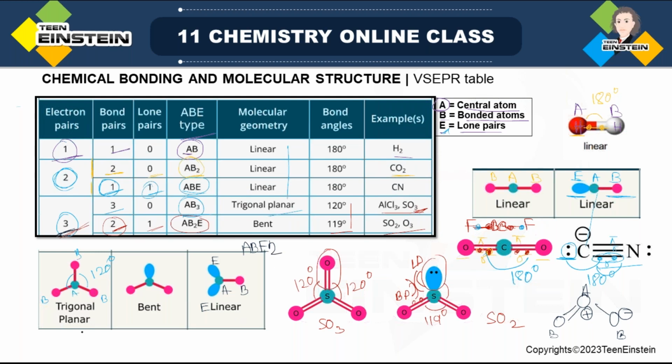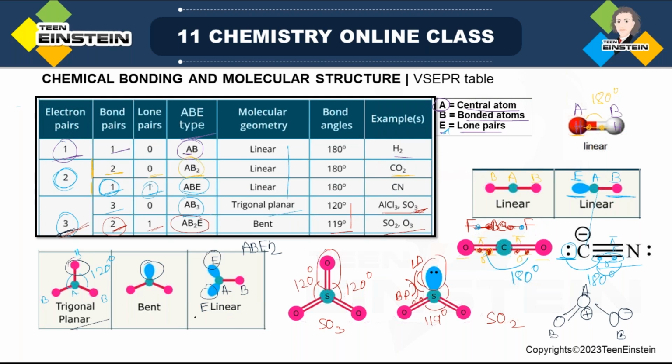It is just an analog of trigonal planar, but trigonal planar is the first structure where in all positions there is some atom. But suppose one atom you are now replacing with a lone pair. Then the next possibility is you are replacing 2 B atoms with 2 E.